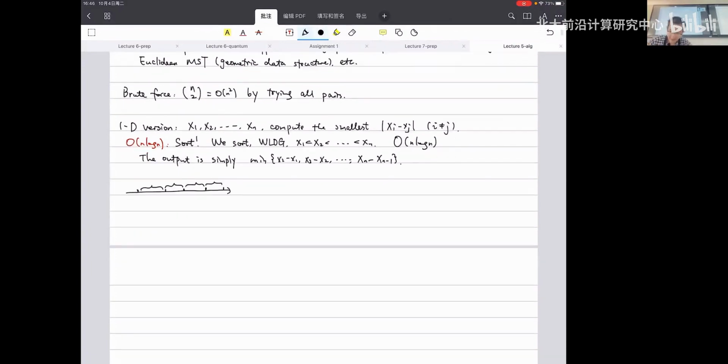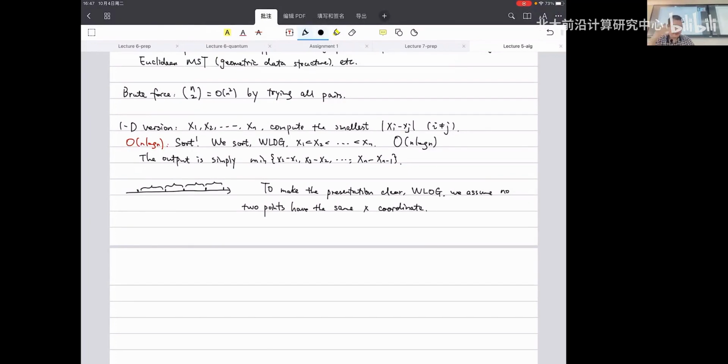To make the presentation clear, without loss of generality, we assume no two points have the same x coordinate. This is an assumption without loss of generality.